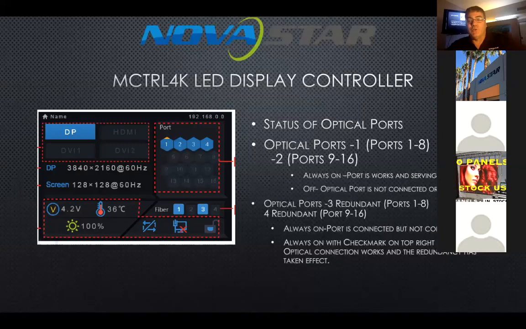Port 3 and 4 is a little different. Again, if it's always on, it's connected, but it's not set up, it's not working properly as the redundant port. And 3 and 4, if it's always on with a small check mark next to it, then it's set up properly and the redundancy is taking effect.